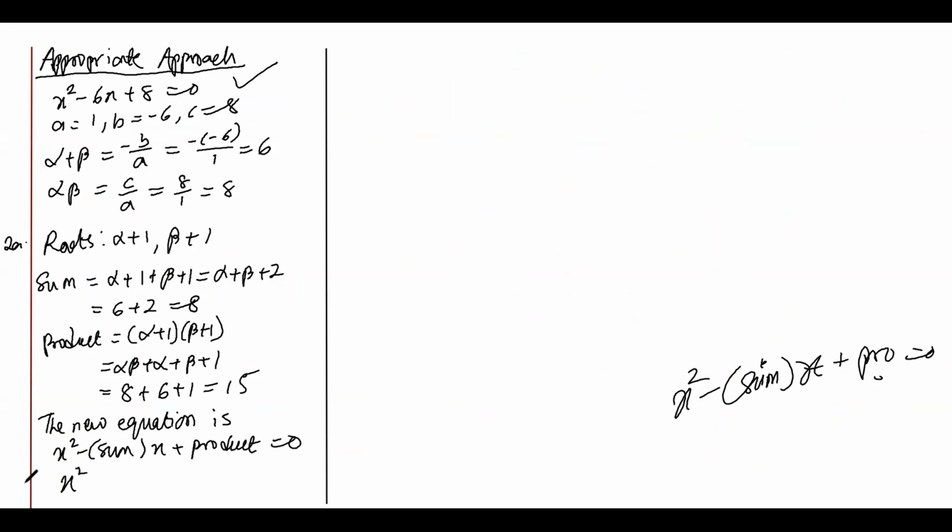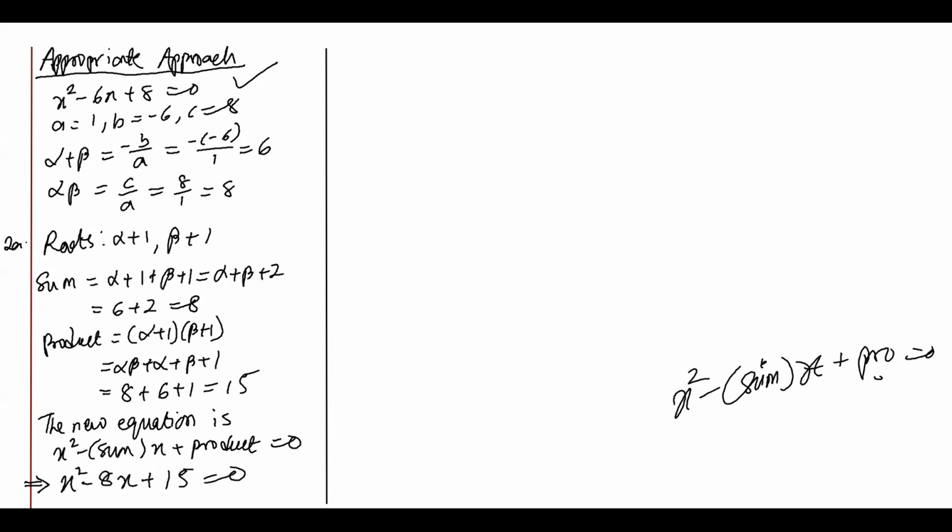So this implies, that is, this means, that's what it's trying to say. You write this implies that, but if you don't know how to write it, then don't write it. Minus 8x plus 15 equals 0. And that's how we do it.